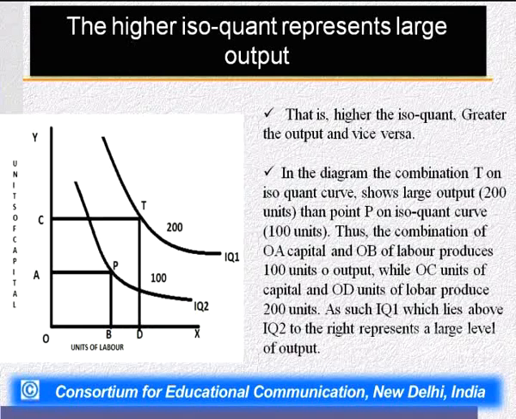We know that combinations on the same curve give the same level of output. Now if the curve changes, then the higher curve will give more output. Here in the figure, the combination at T on IQ2 gives 200 units of output in comparison to the previous one.